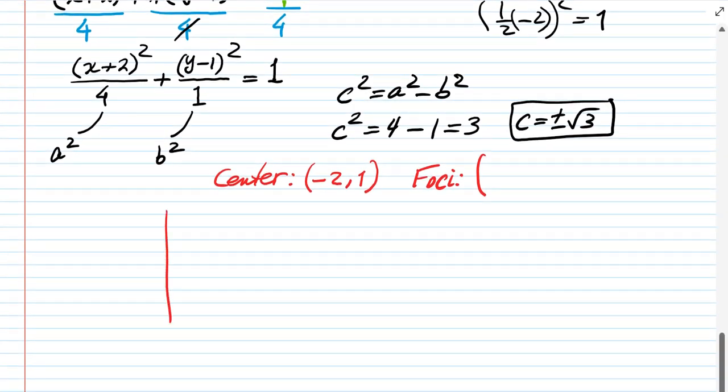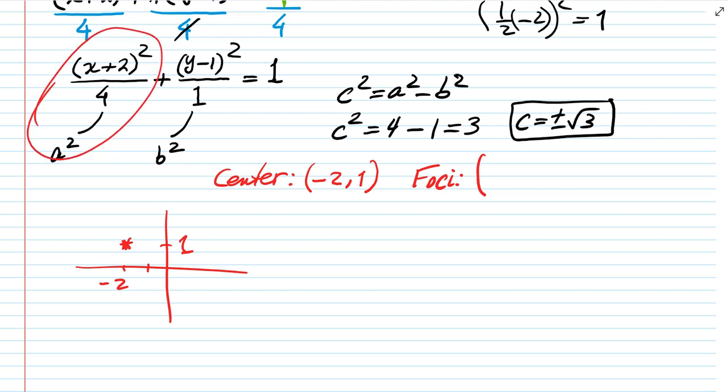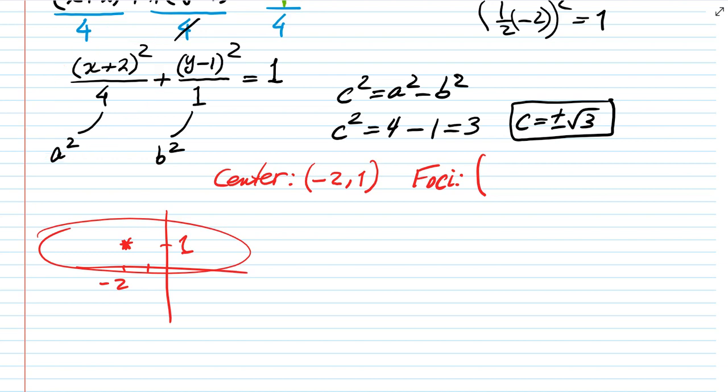Let me do a quick graph here. Center is at negative 2. I'll fix this graph in a moment. I just want something workable. So see, this is the center. And because the greater denominator is 4, this is going to be a horizontal ellipse, right? The major axis will be horizontal. The distance from center to a focal point, let's say this is root 3.